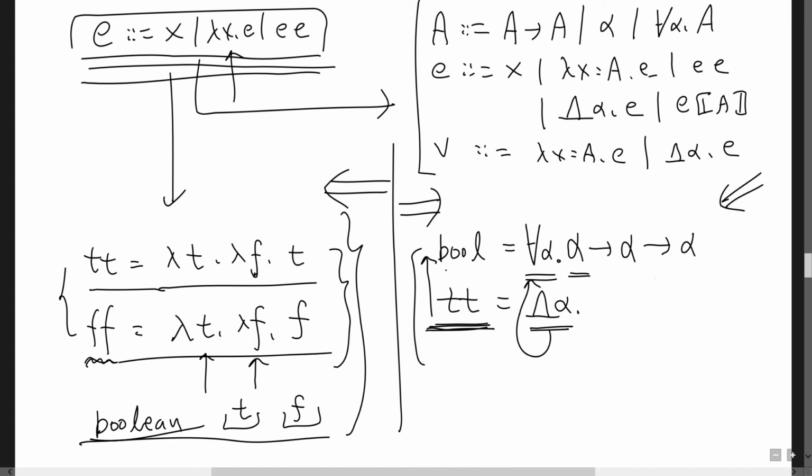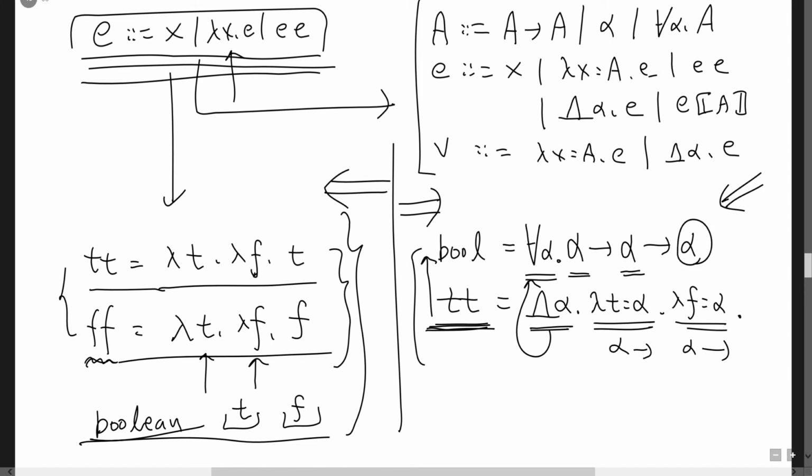So you have lambda t of type alpha. So this is going to have type alpha arrow. And then you have to provide the second option of the same type. So you have a lambda f of type alpha, and this is going to have type alpha arrow. And then you have to return a value of type alpha.